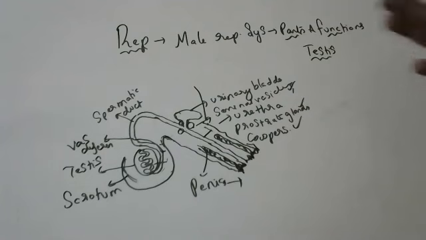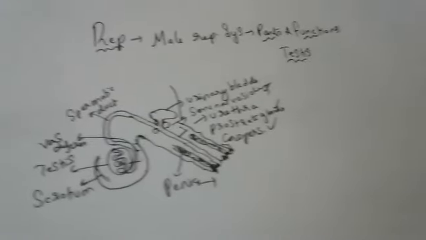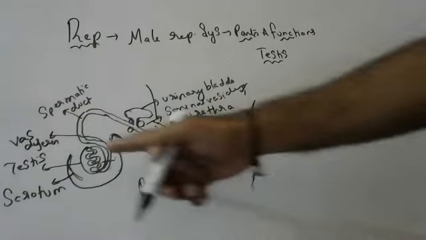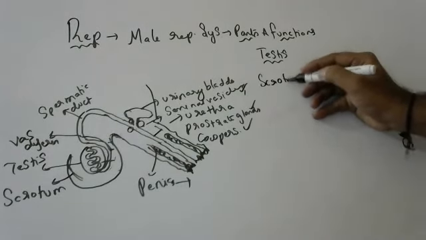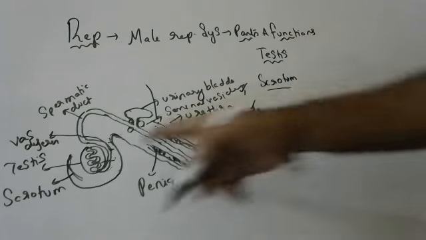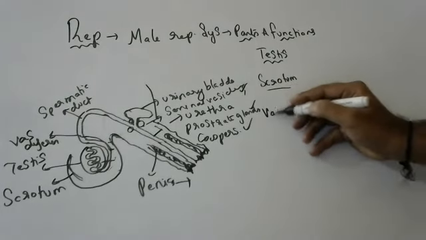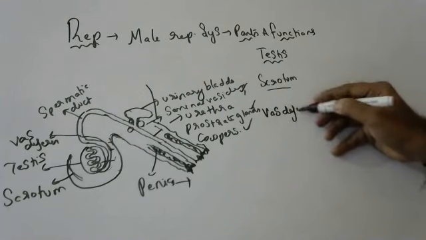Now, children, what are the structures we studied? Number one, testis. Testes are protected by scrotum. From the testes, the vas deferens and epididymis arise.